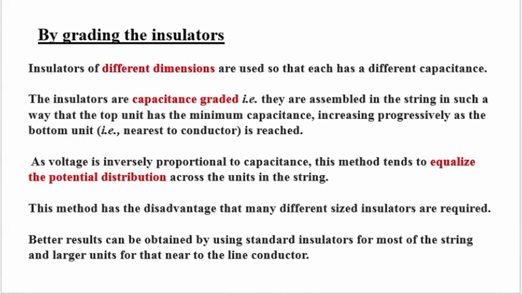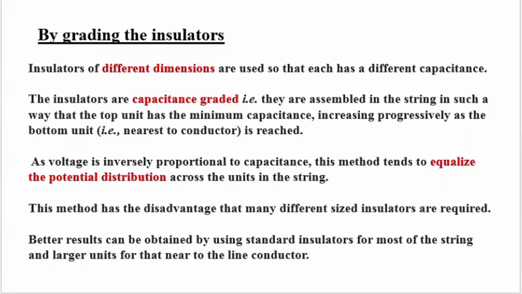As the voltage is inversely proportional to the capacitance, this method equalizes the potential distribution across the units in the string. This method has the disadvantage that many different size insulators are used.